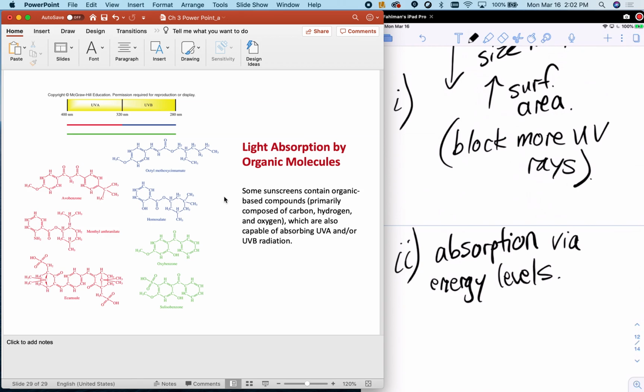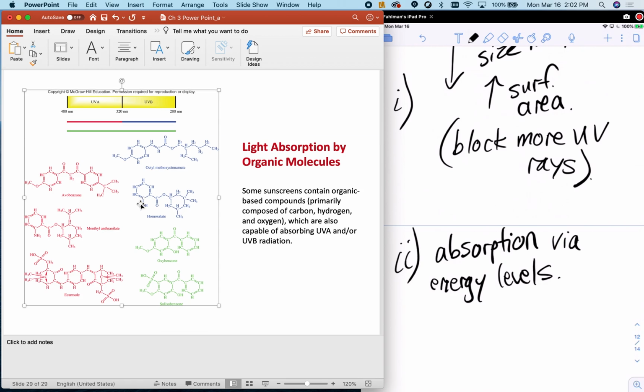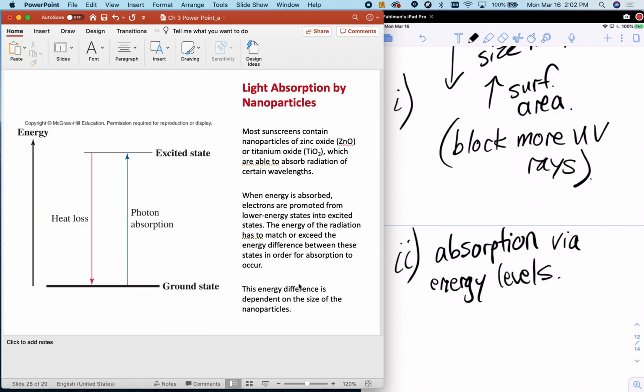For these organic molecules, I don't know if you can see, but they have these double bonds in here. In these rings, do you see that you've got single bonds, double bonds? Wherever you have these double bonds, you can absorb radiation and then promote electrons from one energy level to the other. Without getting into the details, you have a certain ground state, and when UV light hits a molecule, you absorb that energy to go to an excited state. And in that process, you are absorbing the UV light.